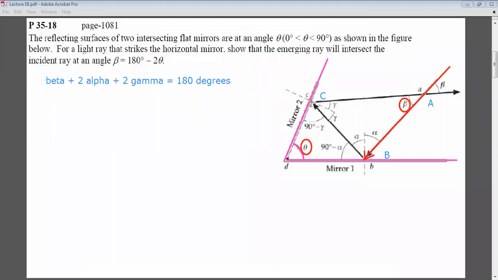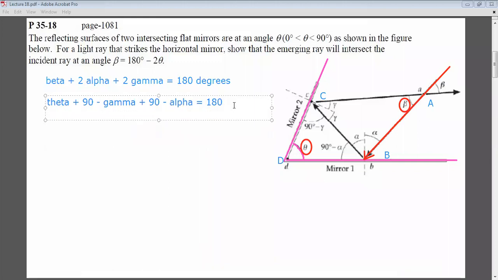Now, if I look at this triangle, B, C, D, okay, what do I have? I have theta plus 90 minus gamma plus 90 minus alpha is equal to 180.